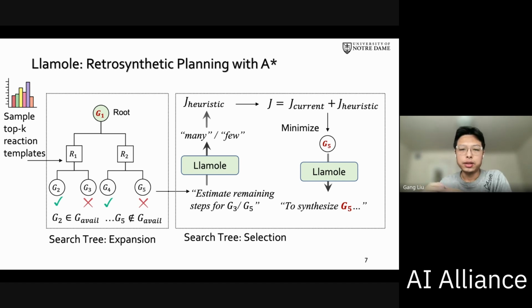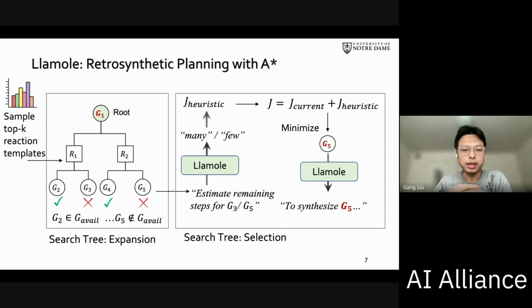And then we can return back to the last slide to use the large language model to analyze how to synthesize the G5, and then we can use the graph neural network to predict a template again for the G5.